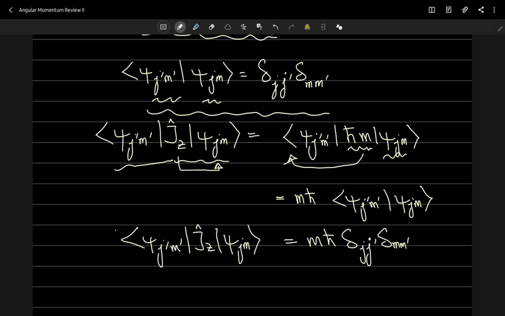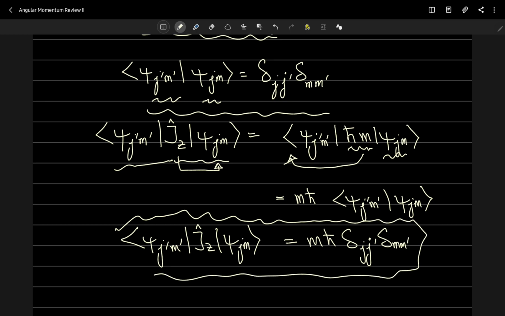So this is then your matrix elements of the Jz operator. Now in the matrix representation, psi jm are in fact your column vectors.